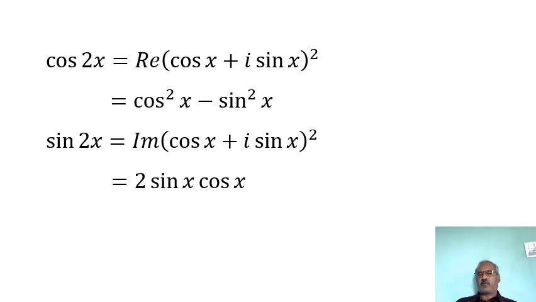That is the expression for cos x plus i times sin x whole square. The real part of this is cos square x minus sin square x, because i square is equal to minus 1. And the imaginary part is the 2 times sin x cos x expression. So we get cos 2x equal to cos square x minus sin square x, and sin 2x is equal to 2 times sin x cos x.